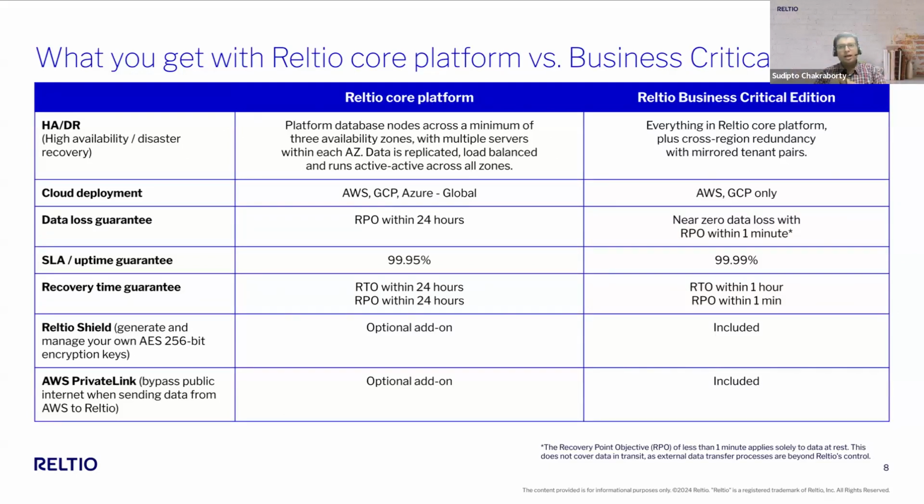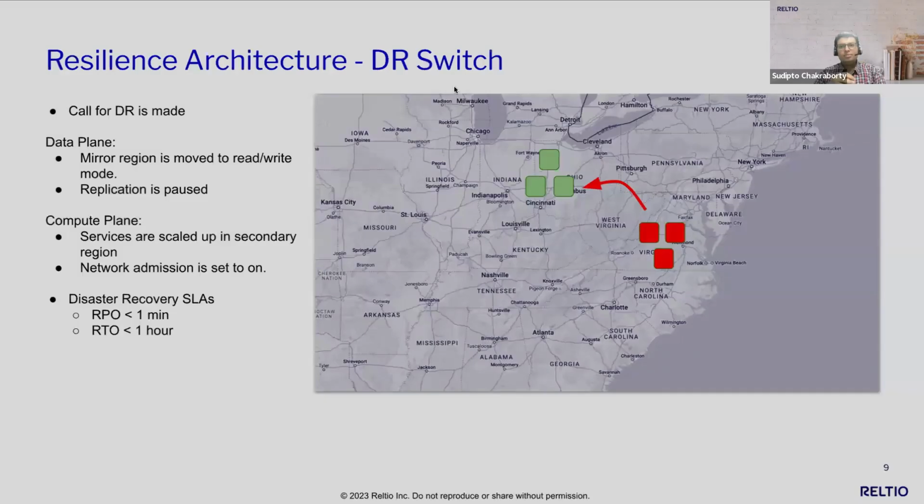Next slide, please. When a disaster actually happens, what is our resilience architecture and what is our DR switch process? It is essentially a play-by-play execution that we have planned. First, a call for DR is made.